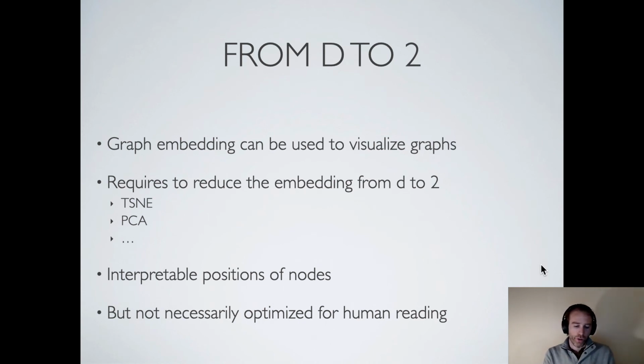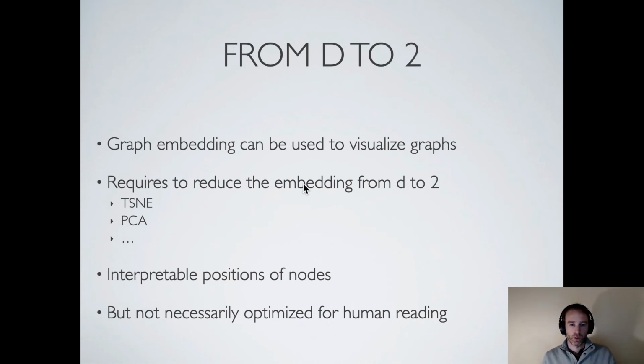So a first application of node embeddings is for visualization. Exactly as a visualization algorithm could be used for graph embedding, graph embedding can also be used for visualization. The problem is that we tend to do embeddings usually in a relatively large number of dimensions, like 50 or 100. So you first need to reduce this number of dimensions to 2 so that you can plot your graph and read it as a human that can only read 2 dimensions.